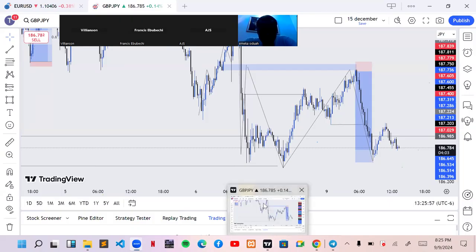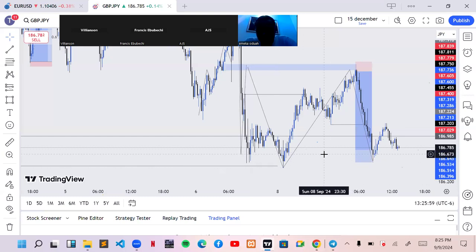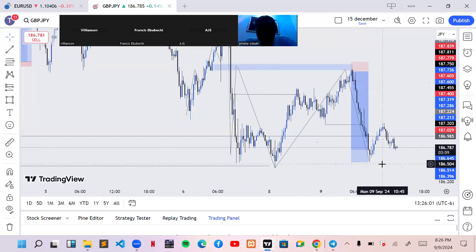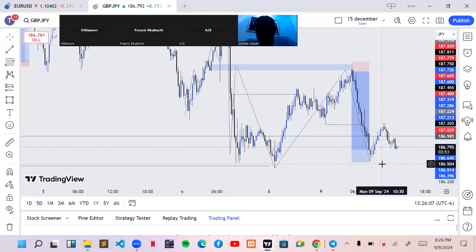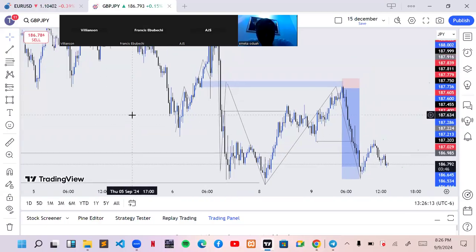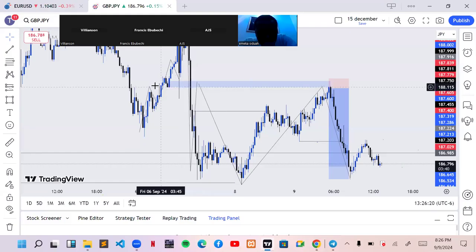So first thing, I want to ask about your use of breaker blocks. Does the breaker block have to be from the external side of the liquidity, like you showed on GBP JPY, from the other side where it's returned? Look at where you marked out your breaker block. Usually this is what I do: the last low, which is this one before where you marked out.